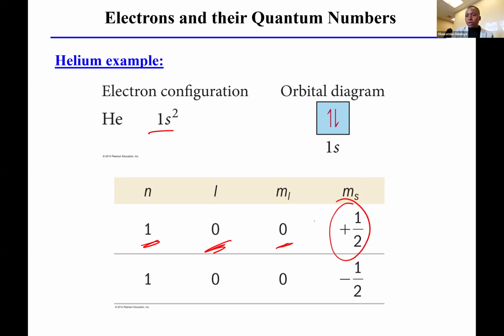But my m sub s for one of those is going to be plus 1/2. n, l, m sub l, all the same. But for that second electron, it's going to be the opposite of the first one. Because again, Pauli's exclusion principle says, hey, I can't have 2 electrons that have the exact same 4 quantum numbers. Okay. And that's it for that.